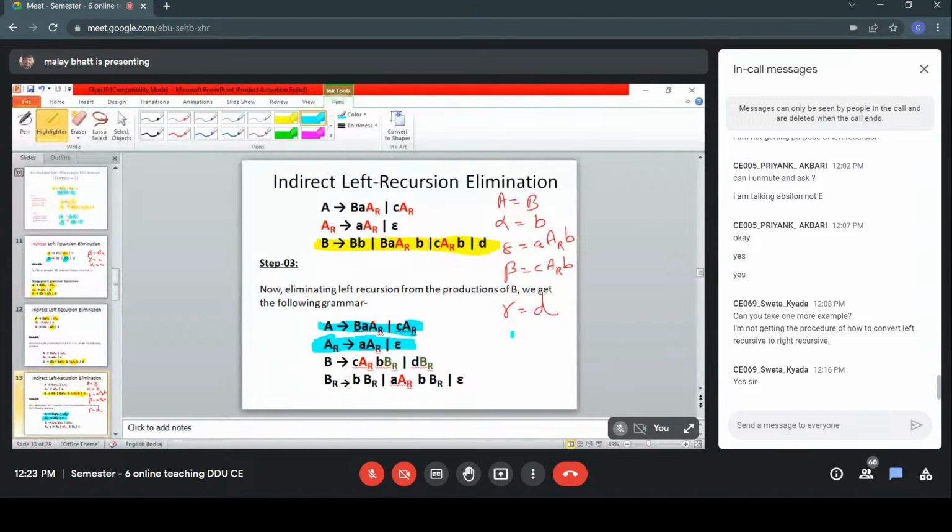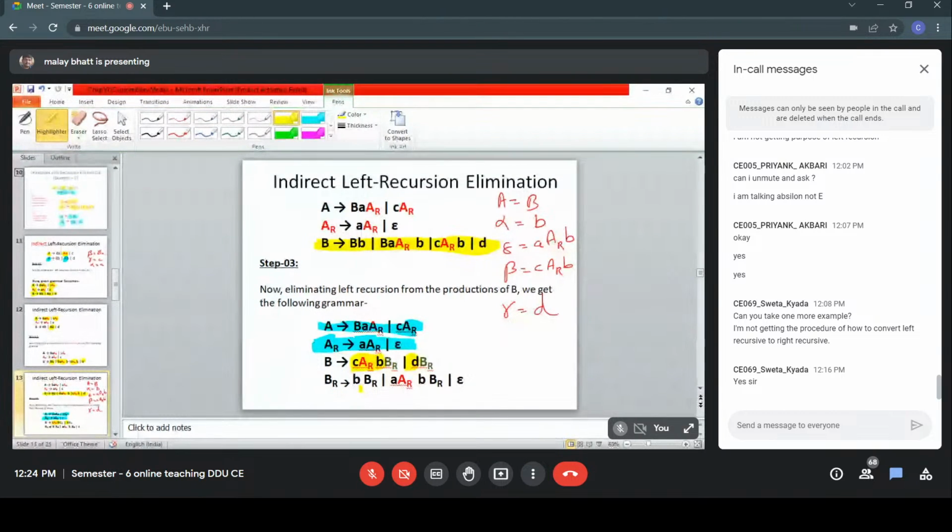Now we'll write beta BR. So beta is your C, AR, B. So we are writing that, beta BR. Then we have a gamma BR. So here gamma is equal to D. And now for BR, we'll write alpha BR.